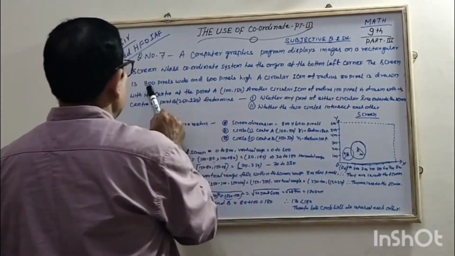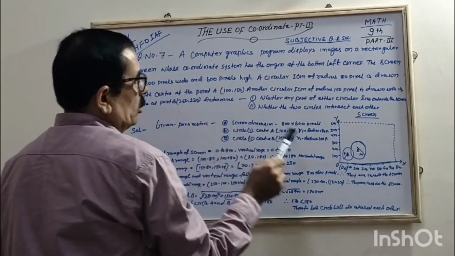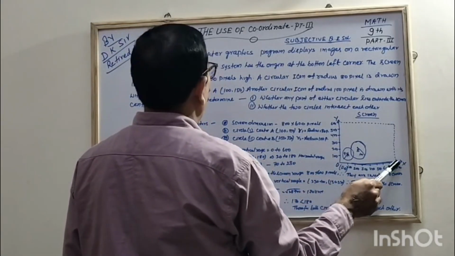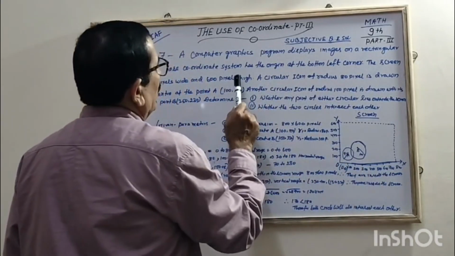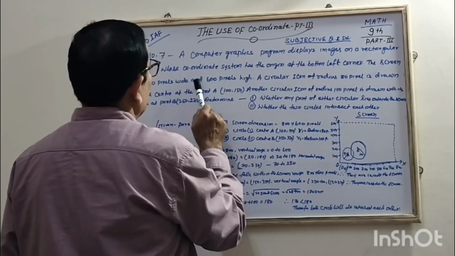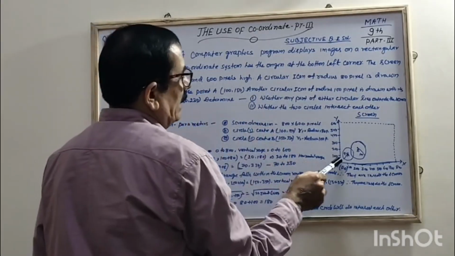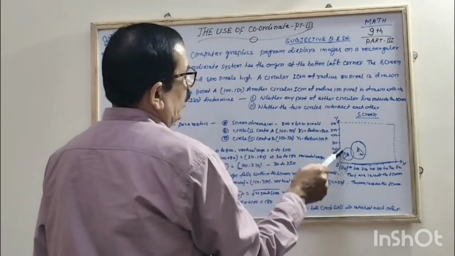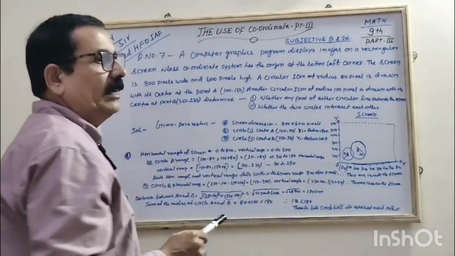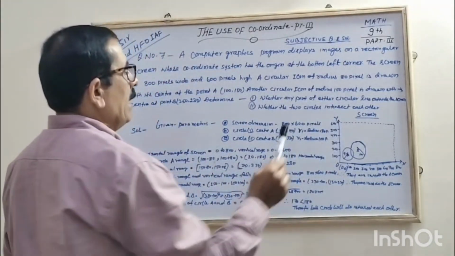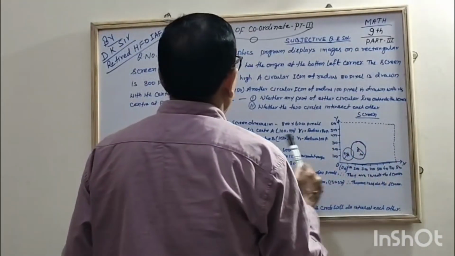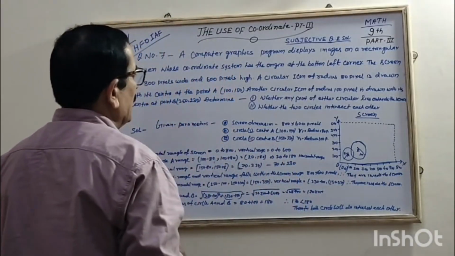The screen is 800 pixels wide, so I have taken 800 on the x-axis, and 600 pixels in height, so on the y-axis I have taken 600 pixels, and by dots I have drawn a rectangle, the screen.